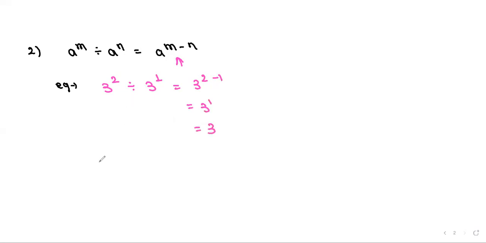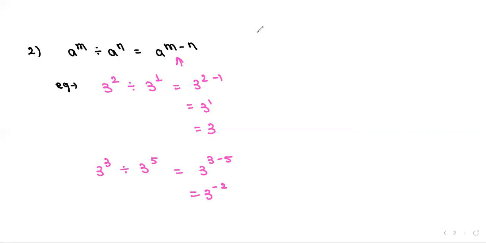Now what will happen if I take 3 raised to 3 divided by 3 raised to, suppose 5? In this case this will become 3 raised to 3 minus 5. We are getting something negative: 3 raised to 3 minus 5 is 3 raised to minus 2.